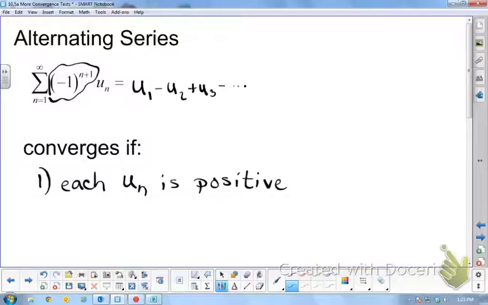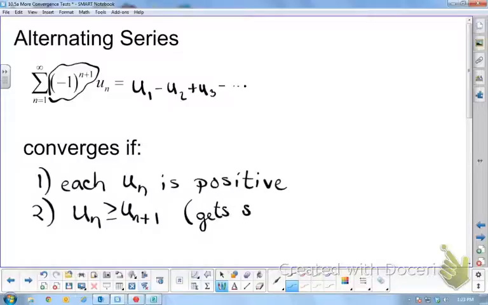If the term preceding that, u sub n, is bigger than u sub n plus 1, the previous term is bigger than the next term, it has to go in descending order, get smaller. That's just saying the numbers get smaller. And the limit, again ignoring the alternating part of the terms, equals 0.